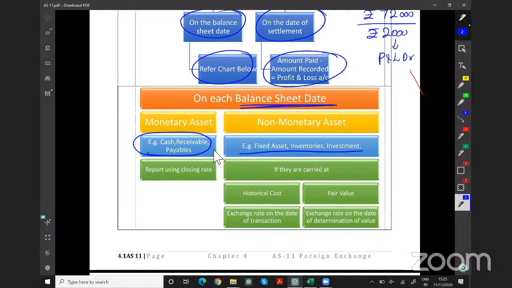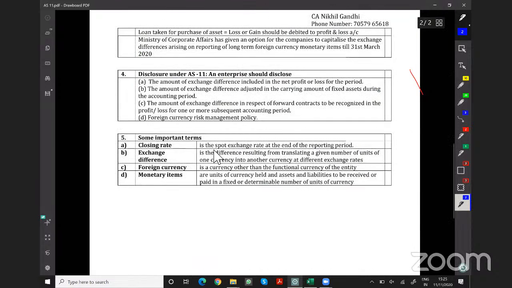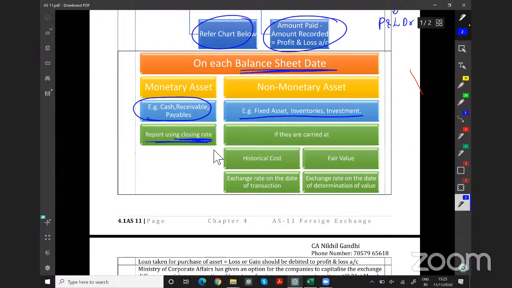So monetary items are reported using the closing rate. Sir, what is closing rate? Don't worry. On each balance sheet date, monetary items will be recorded at closing rate. Examples of monetary items are cash, receivables, payables. Non-monetary items are fixed assets, inventory, investments.